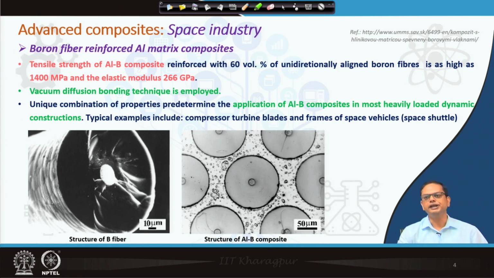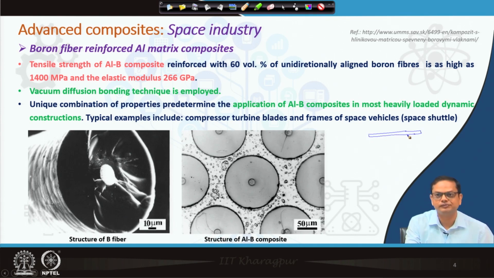In diffusion bonding, if I try to draw it, there will be thin sheets of aluminum foils, and then these fibers would be taken like this, and then again thin sheets of aluminum will come.